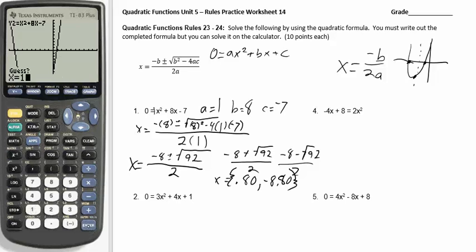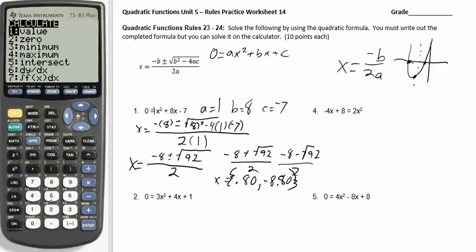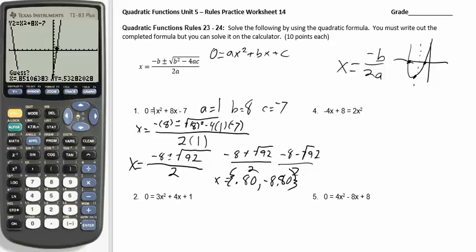This one's around 1. I get my negative 0.795. Second, calculate, intersect is 5, enter, enter. And somewhere around negative 8, I get my negative 8.79, rounded to negative 8.80. Okay, so you could find the answers this way.